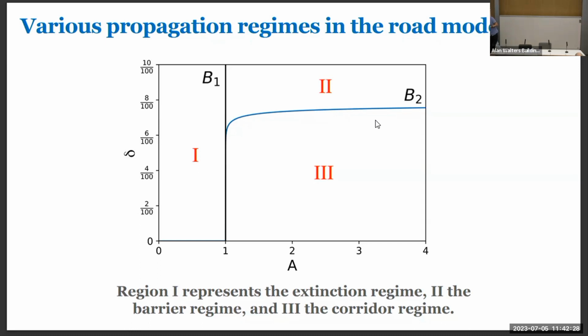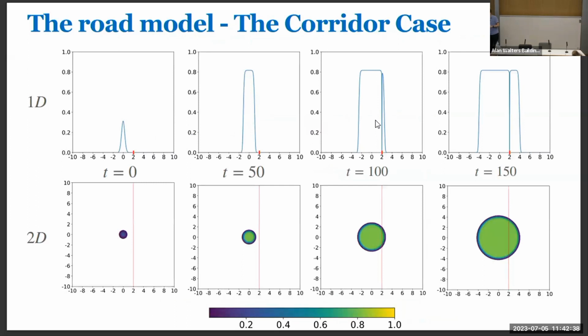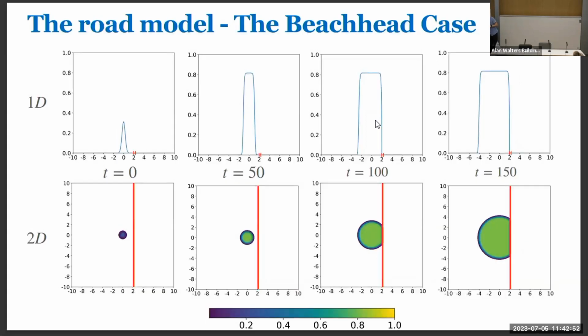And then if we move on to our Allee growth function, where for small population densities we have negative growth, or decay, and look at the behavior, we have the same two cases we've just seen. The corridor case, where it interacts with the road, goes in front of the road, but doesn't show any increase in invasion, and also the barrier case, where it prevents invasion in front of the domain.